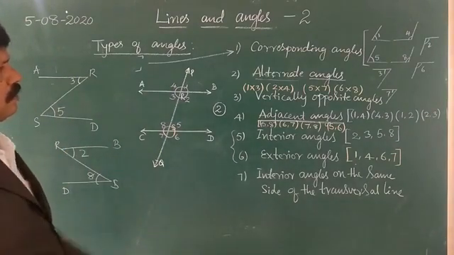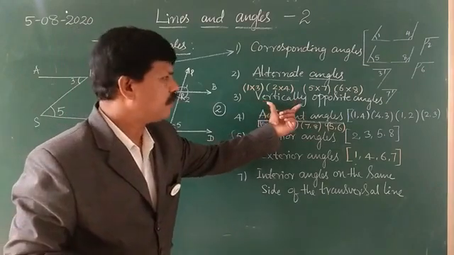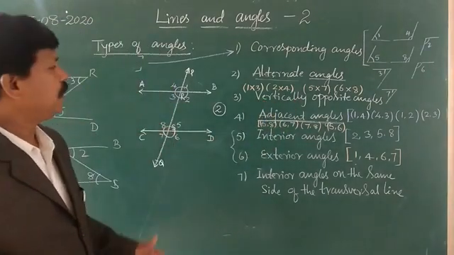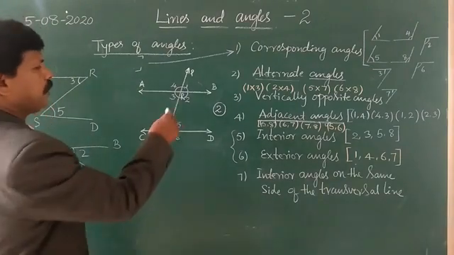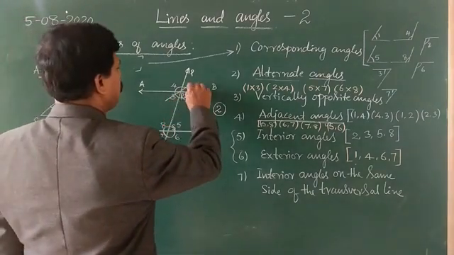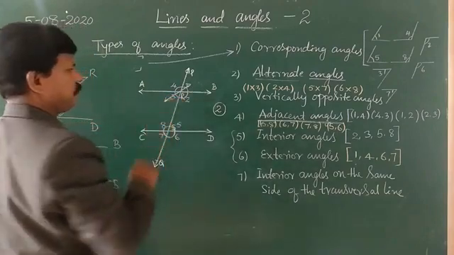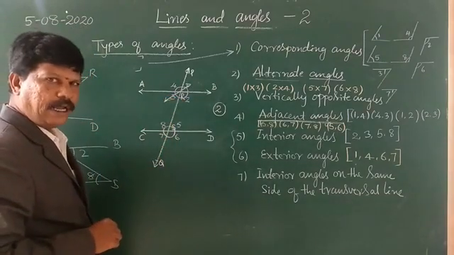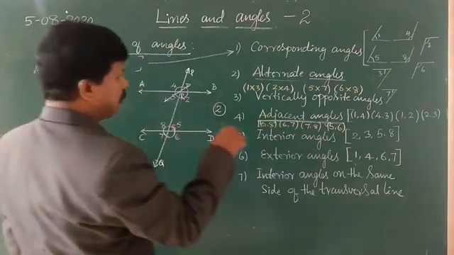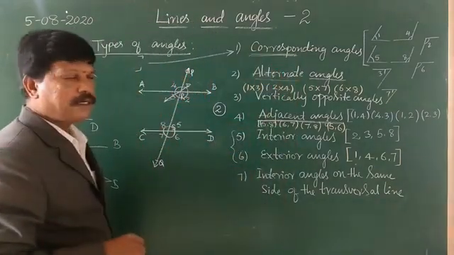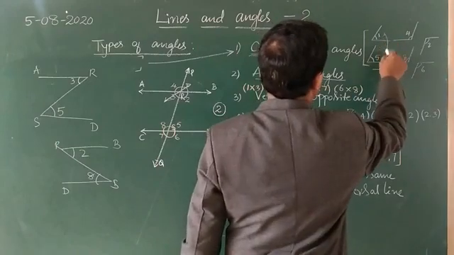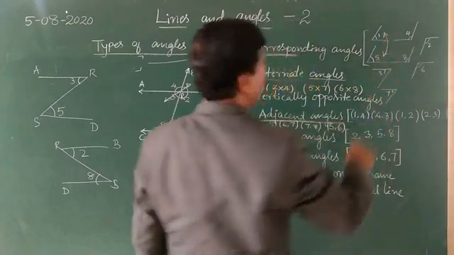In the previous one, we discussed vertically opposite angles. Vertically opposite angles are equal, right? So here, for 3, angle 1 is vertically opposite. But in the corresponding angles, look at this: angle 1 is equal to angle 5.